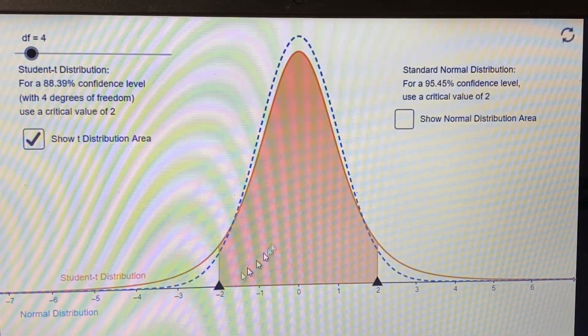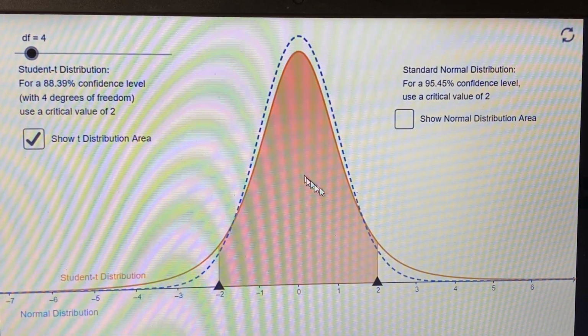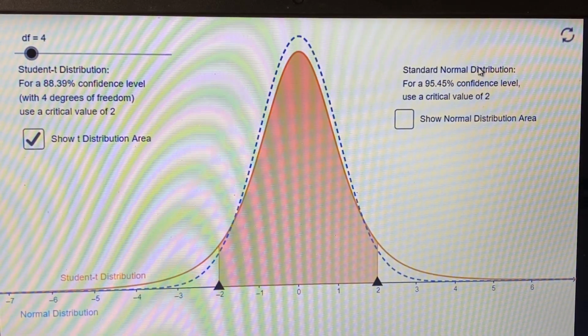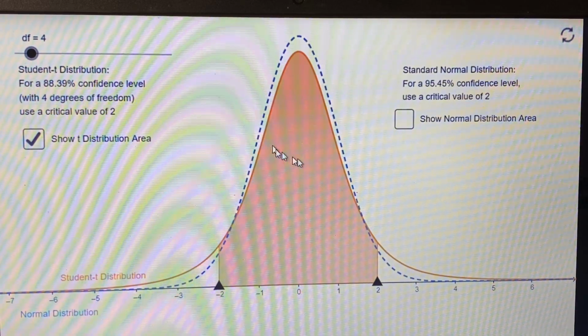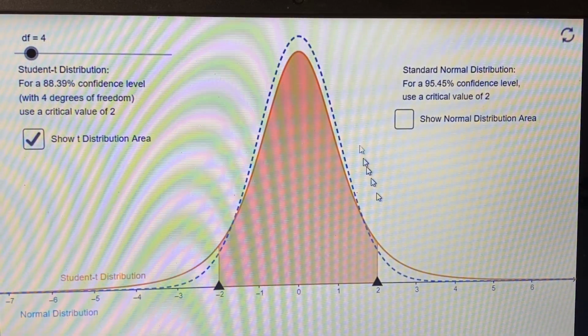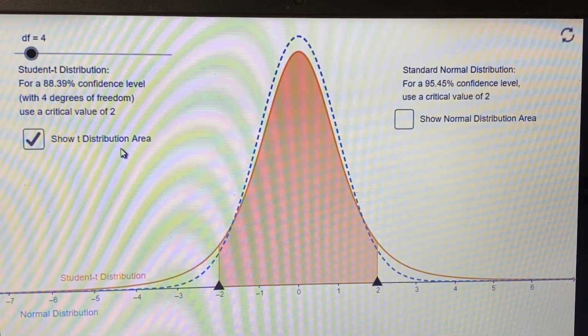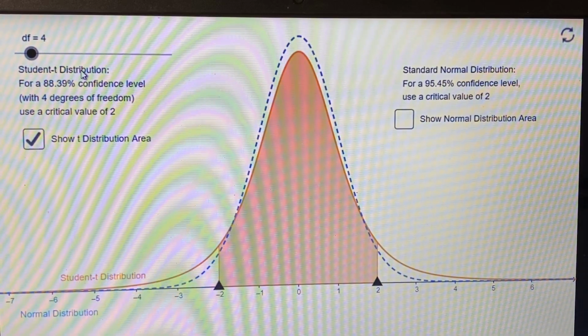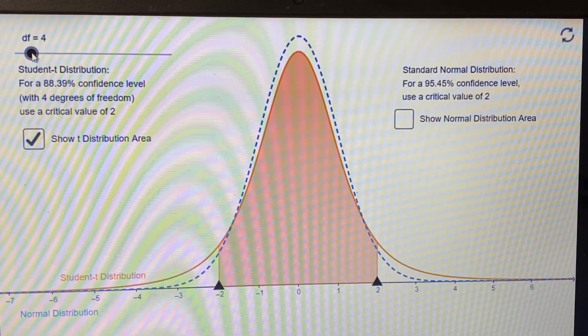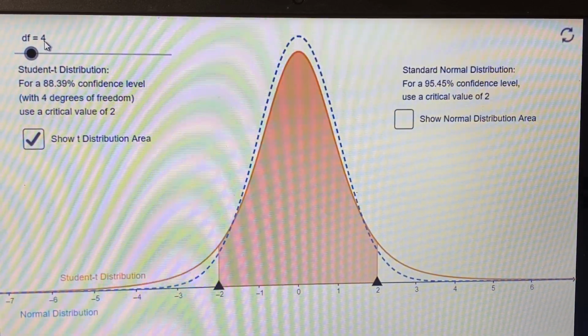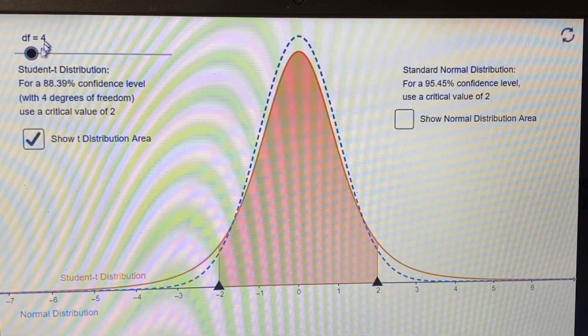So the dotted line right here, the dotted curve, is the normal distribution. The orange or red one, whatever color, you can see that in there, is the student T distribution. So this is for a very small sample size, 5.